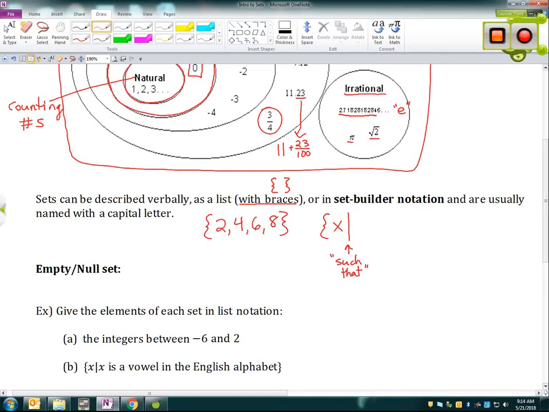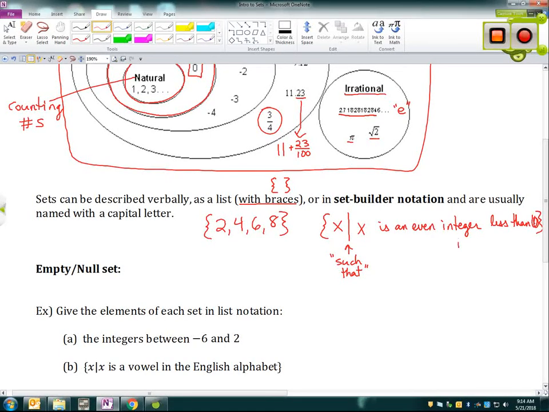So it's the set of x such that x, and then some kind of description that tells us what applies to the values in this set. So x is an even integer less than 10.